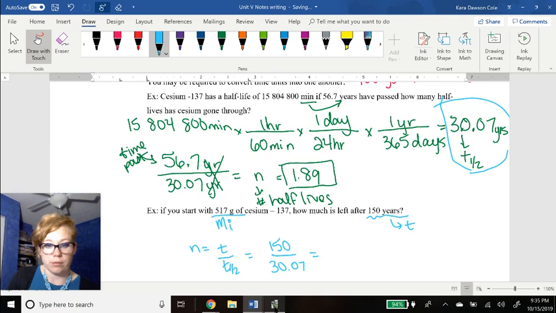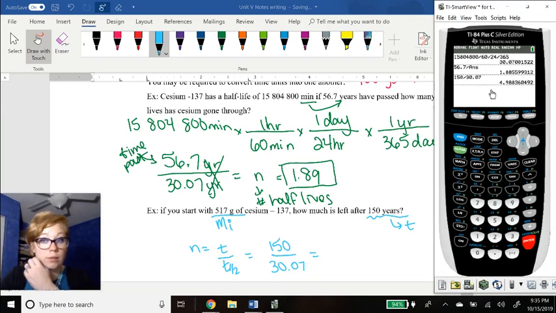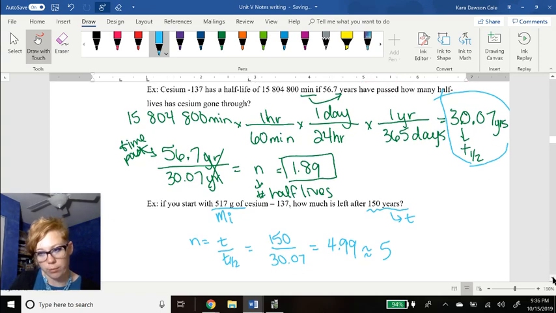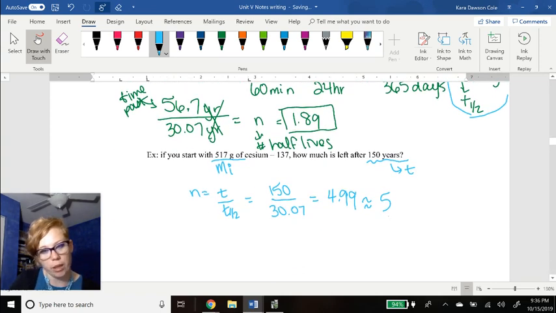And that gives me 4.99. So almost 5. Now, because this is really close to 5, I can say it's about 5. And there's two ways that I can solve this problem because it's given me a pretty good whole number here.